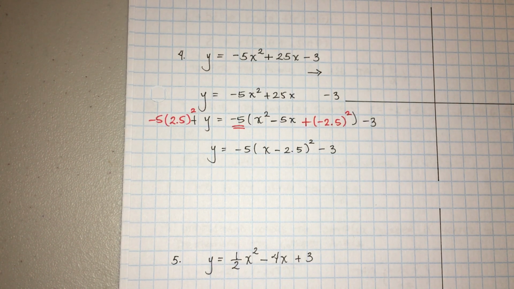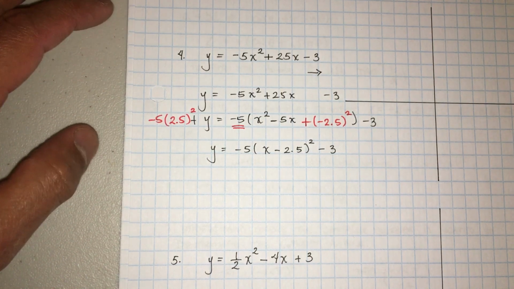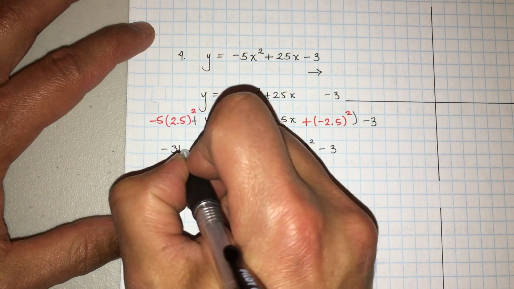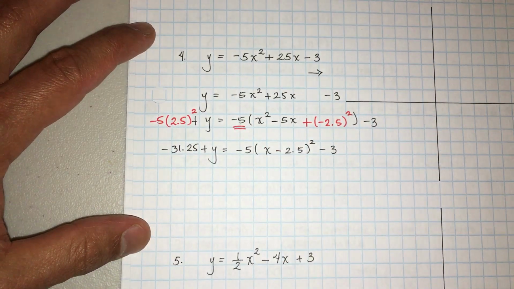Let me see if I can do that real quick, sorry guys. So we have negative 5 times 6.25. Yep, it'll be negative 31.25.